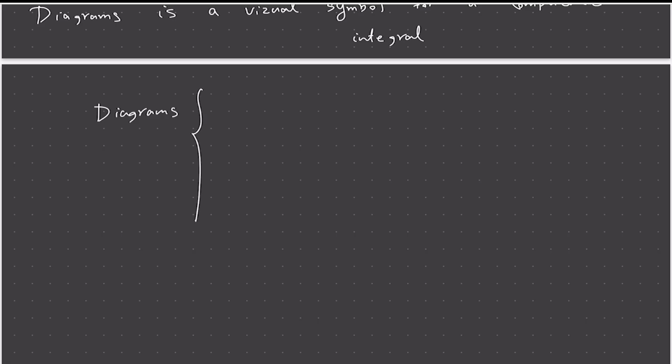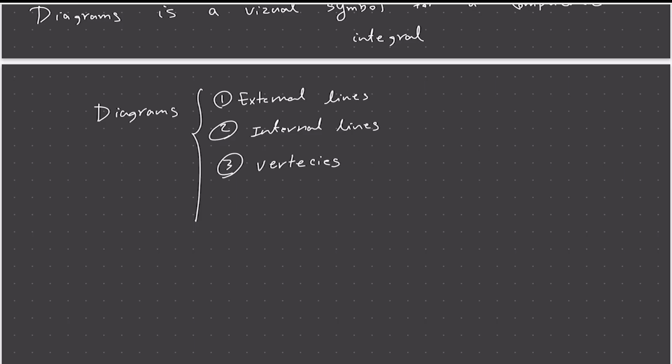These diagrams have several ingredients. First, you have external lines, you have internal lines, and then you have the vertices. Each of them represents certain things. So external lines represent real particles, or something that is incoming or outgoing.